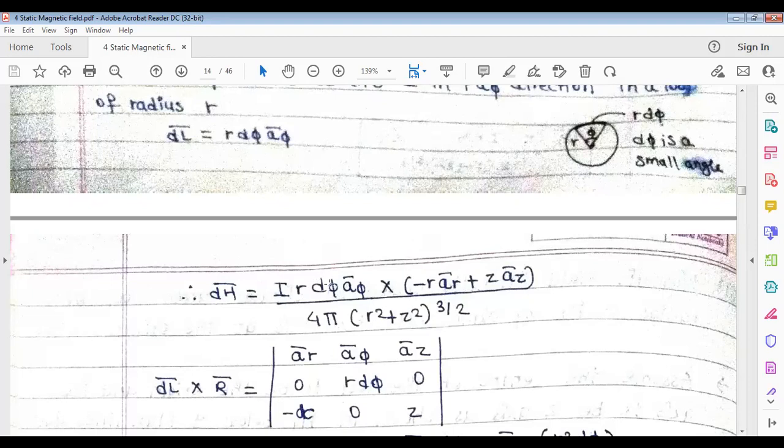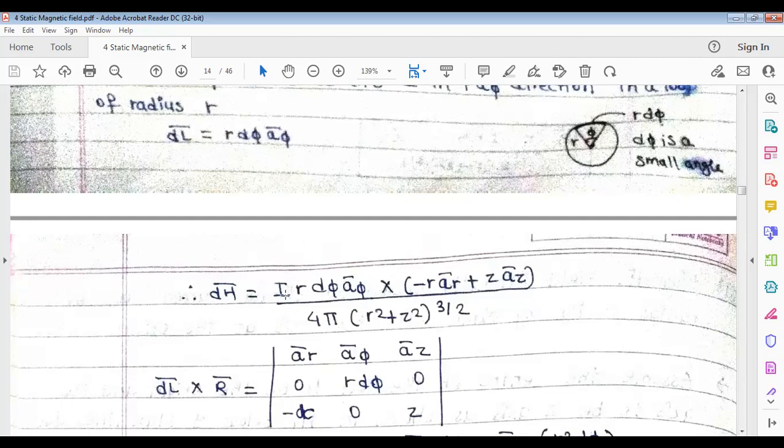So here we have to just multiply or take the cross product, right? We have to multiply in this bracket only. We'll first multiply this term to this term, that is minus R into a bar R. When we are taking the cross product, the other multiplication will remain as it is, and we are taking the cross product of only unit vectors, right?